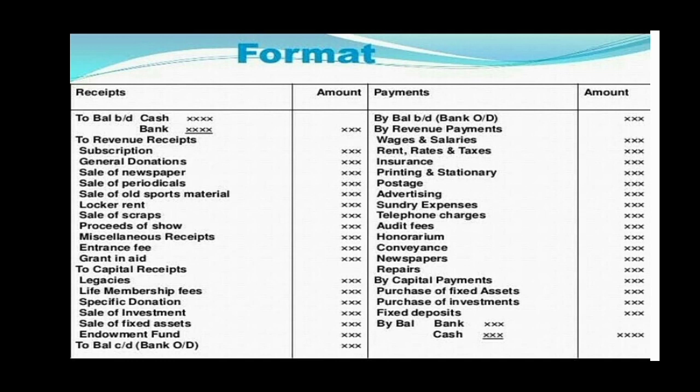Now the payment side. First, by balance b/d. We know that the bank balance may be credit or debit. So if a credit balance is given, you will write by balance b/d. Then all revenue payments: wages, salary, rent, rates, taxes, insurance, printing, stationery, postage, advertising, sundry expenses, telephone charges, audit fees, honorarium, conveyance, newspapers, repairs.